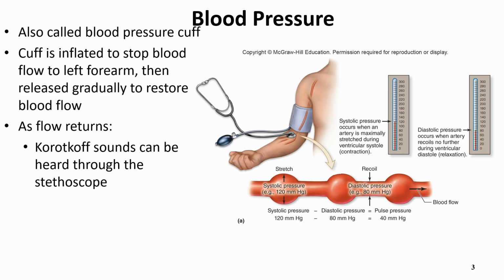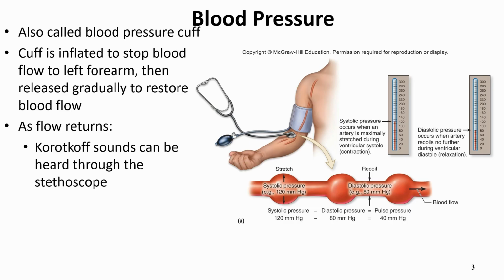So as you gradually release the pressure in that vessel and you monitor the blood pressure on the gauge, you will come to a point where for the first time you hear a muffled sound in that antecubital blood vessel. And so at that point, you say, oh, I've just gone below the systolic pressure.